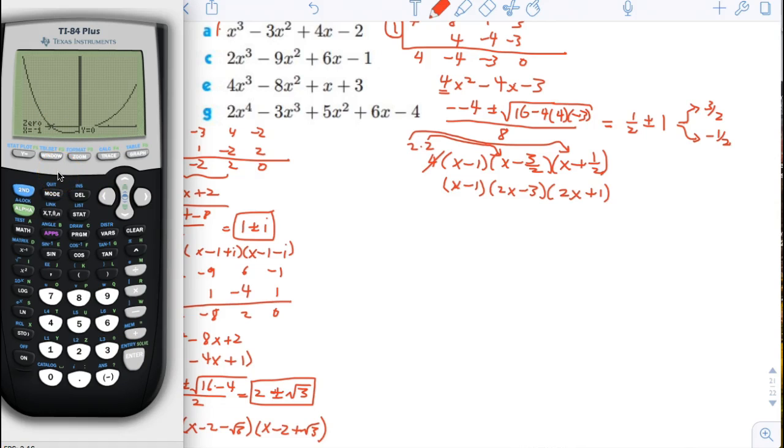All right, so one of the roots for g is definitely -1. So we're going to do synthetic division with -1. And inside we're going to have 2, -3, and so on.